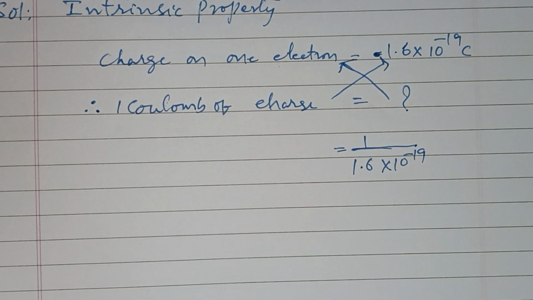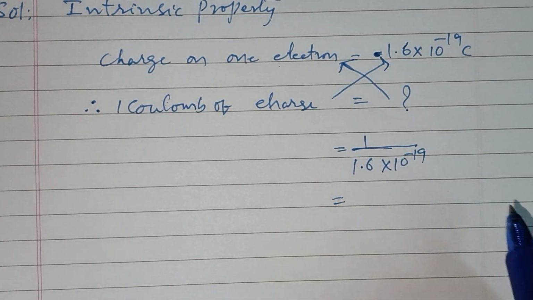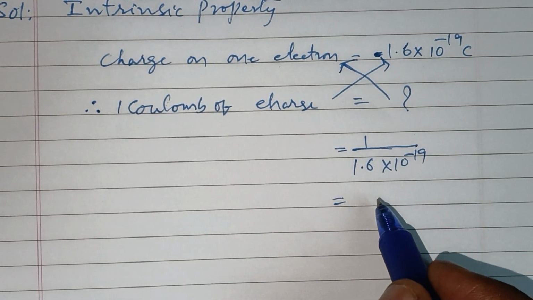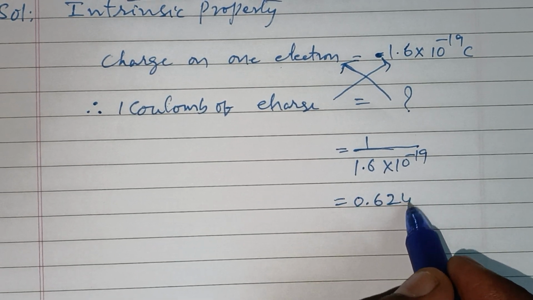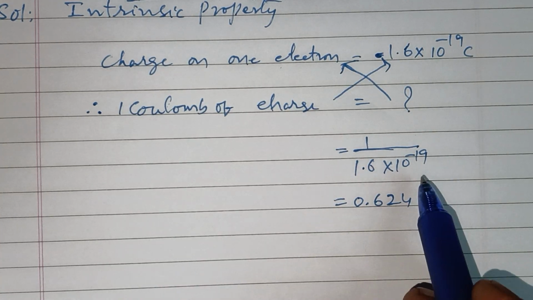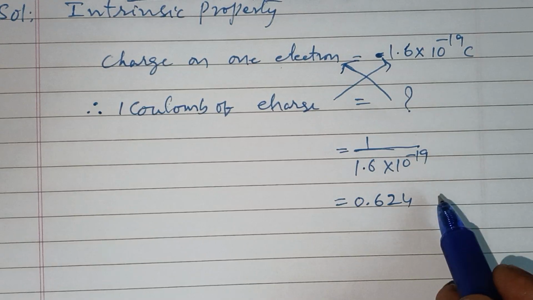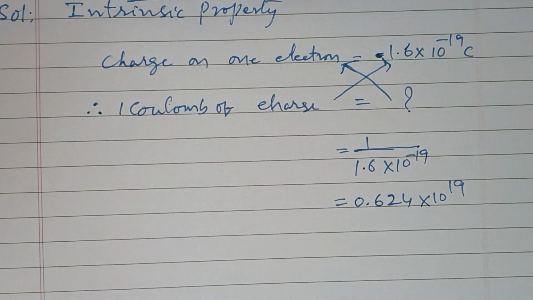So here 1 by 1.6, you will get approximately 0.624. Now let's bring this denominator to the numerator place, that is 10 power 19.